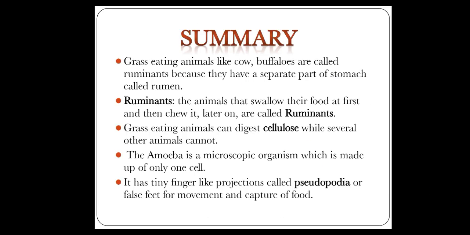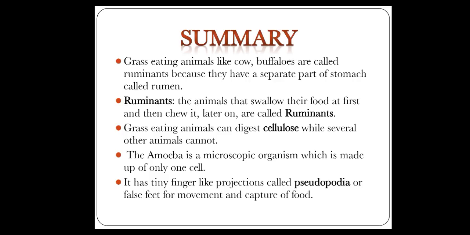We have learned the grass eating animals are called ruminants. Their stomach has a separate part which is called rumen. These ruminants first swallow the food and they chew it later.